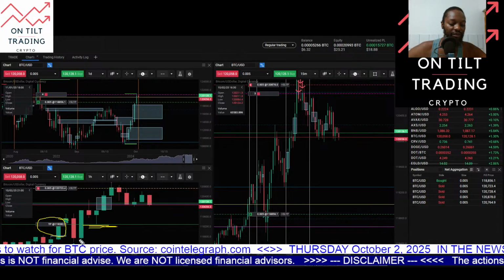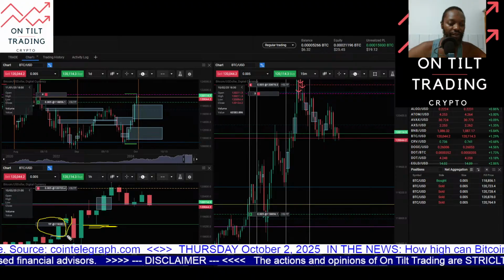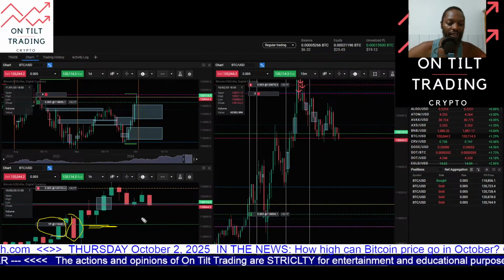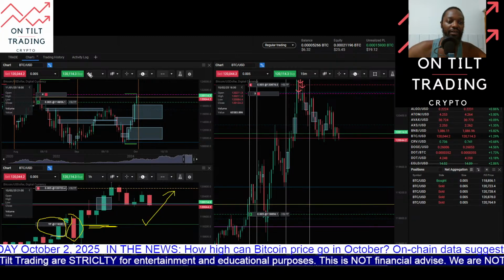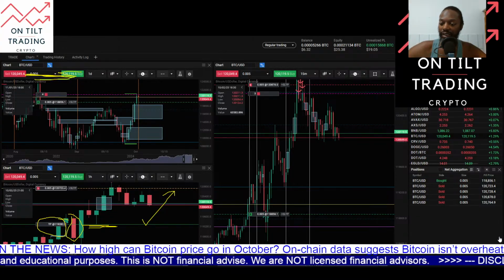Then I would anticipate this order block to potentially allow price to redeliver to the buy side up here to the daily, to this buy side liquidity.